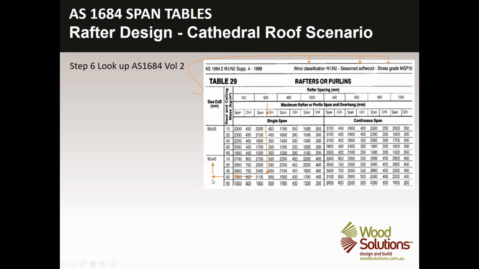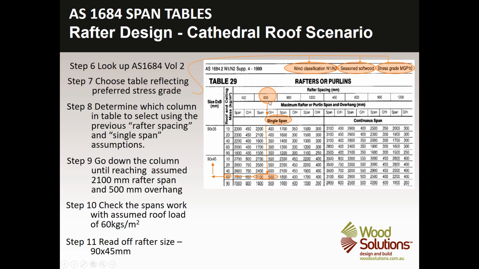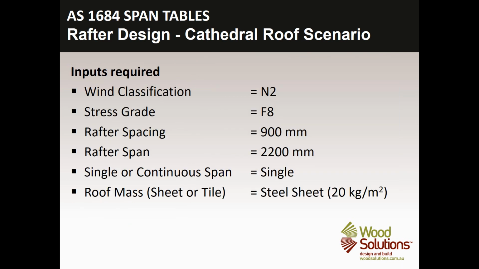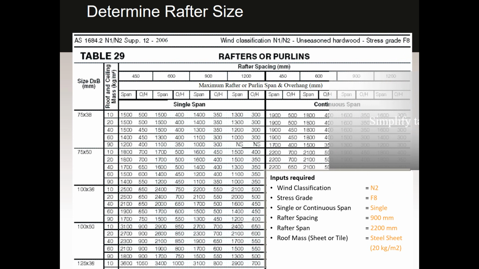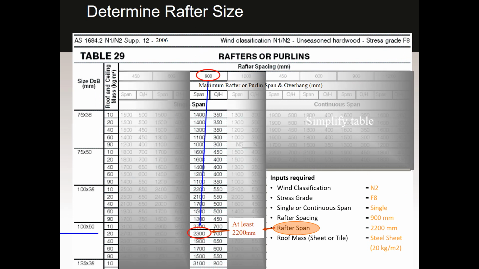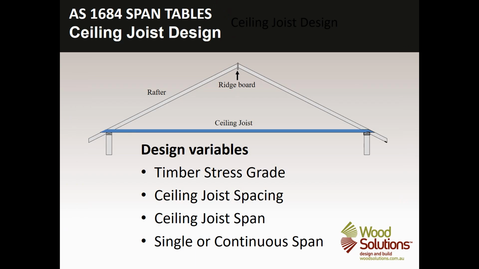Well, 90 by 45 will allow that roof mass with this overhang at that rafter spacing. I think we get the gist of the span table style, so I'll just flick through those for now.